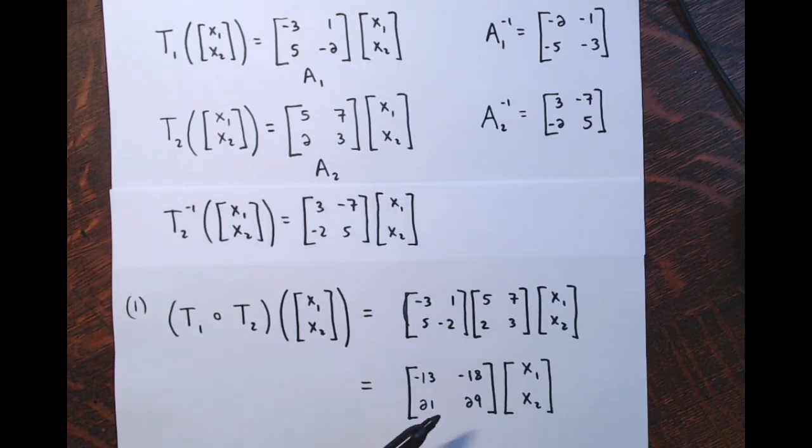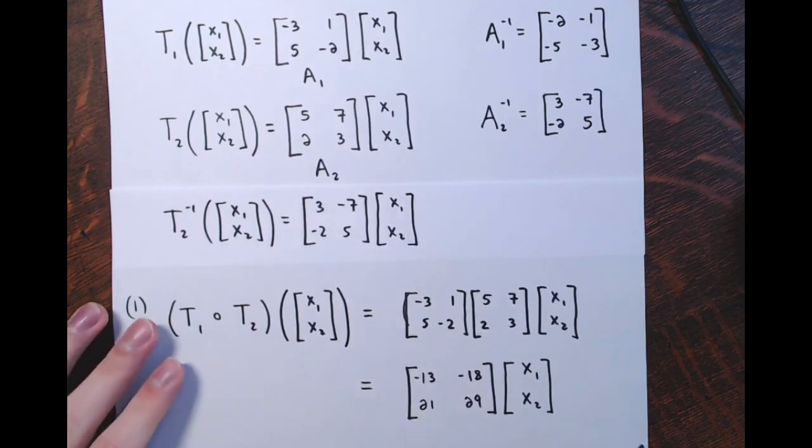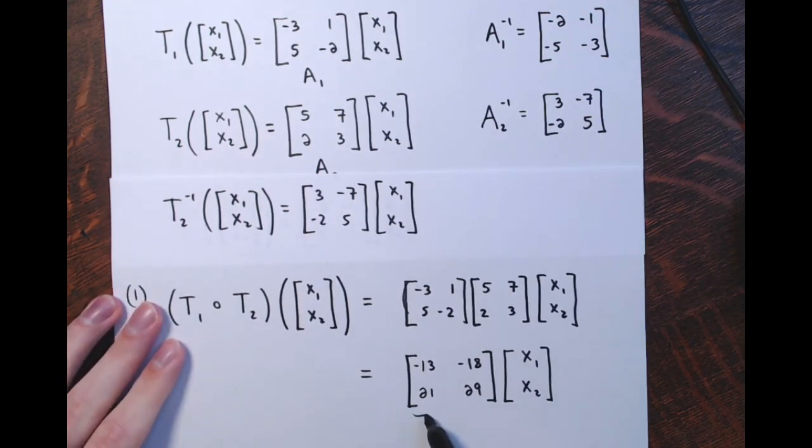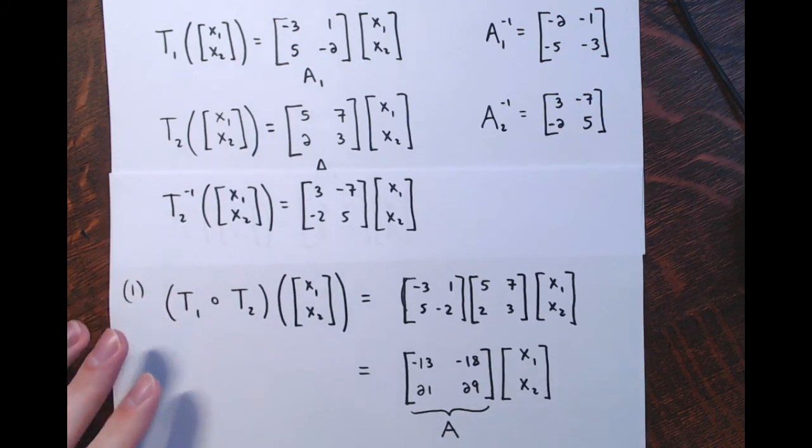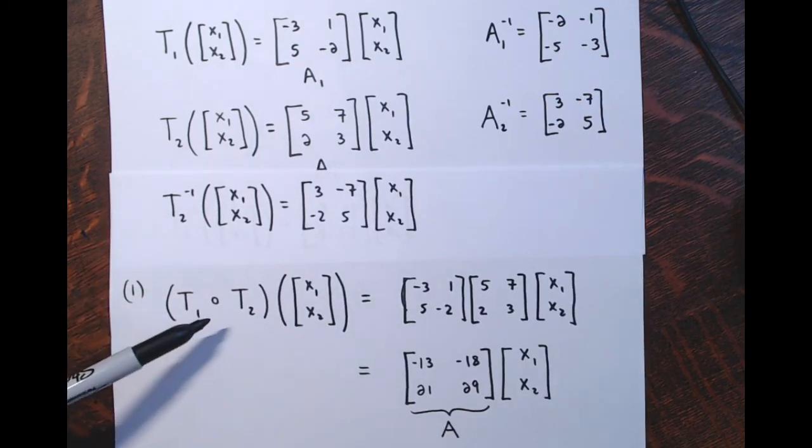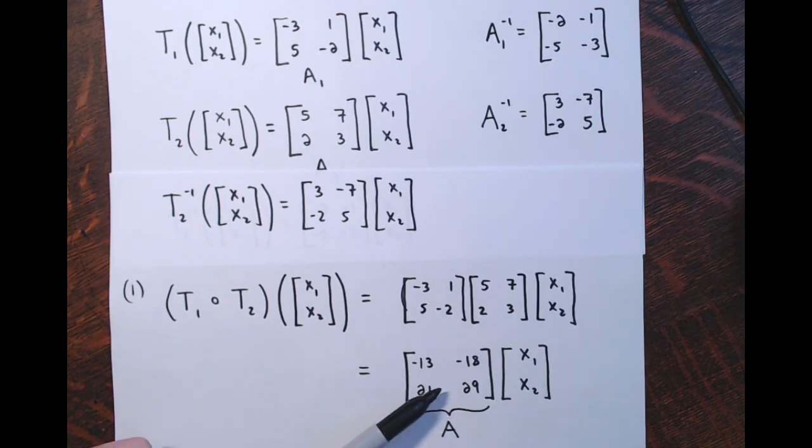Now, there's T1 composed with T2. And I'll call this matrix just plain old A. Now, if I want the inverse of this composition, since we already have the standard matrix here, we could just find the inverse of this. Remember, this is A1 times A2.